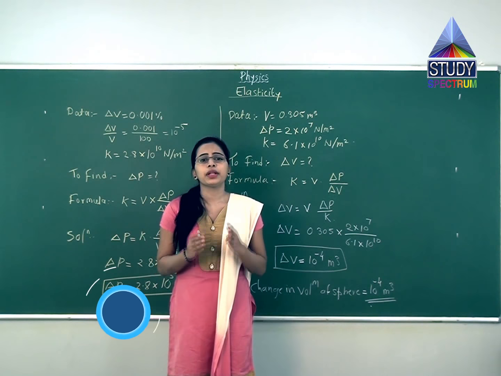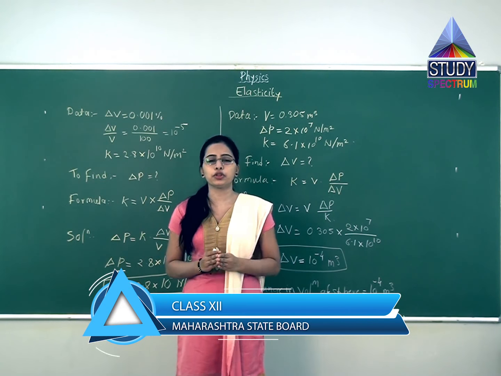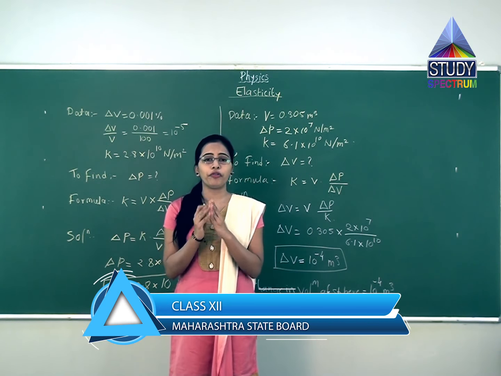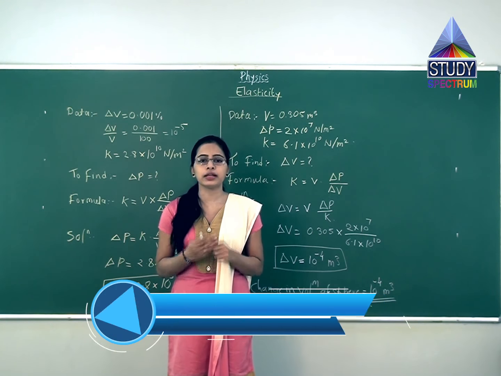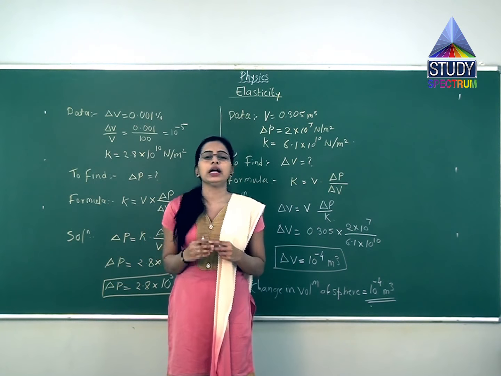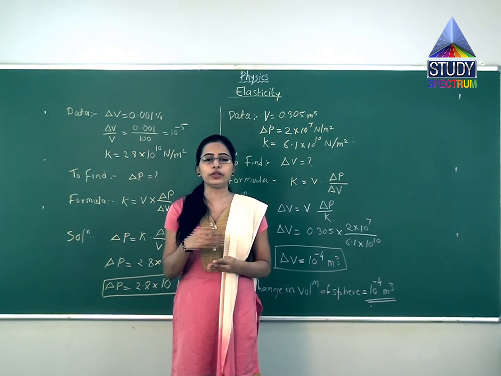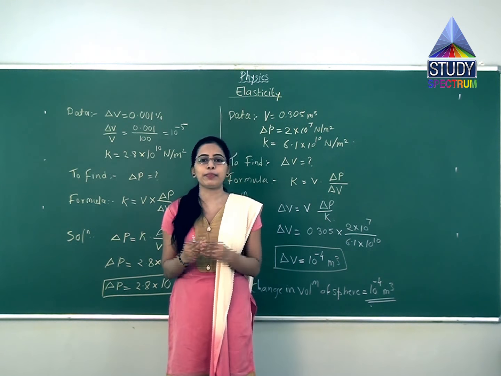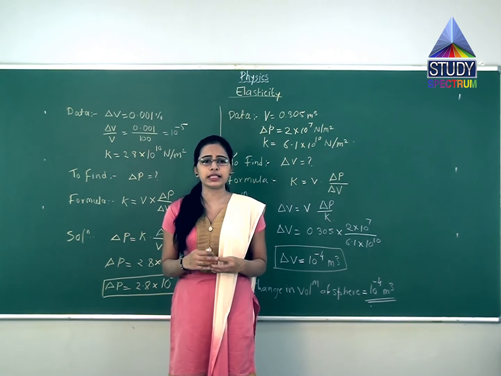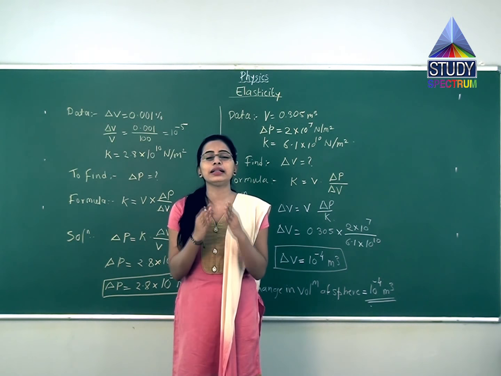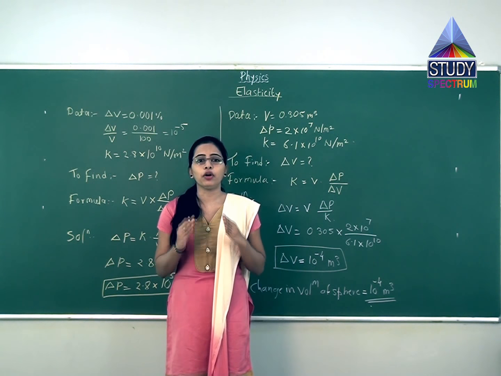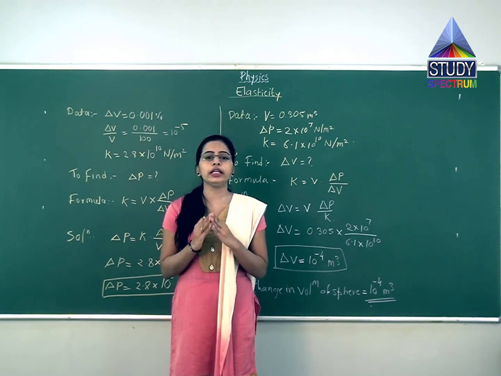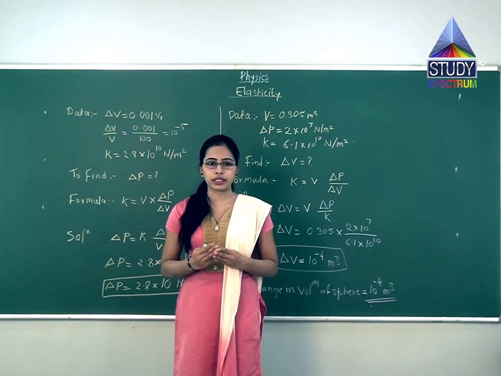The example is a copper metal cube has each side of length 1 meter. The bottom edge of the cube is fixed and the tangential force which is 4.2 into 10 raised to 8 Newton is applied at the top of the surface. Calculate lateral displacement of top if modulus of rigidity of copper is 14 into 10 raised to 10 Newton per meter square.